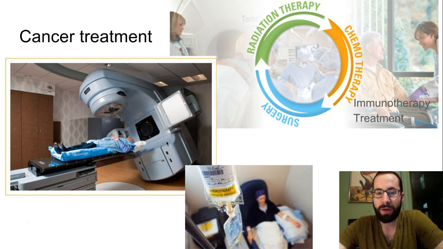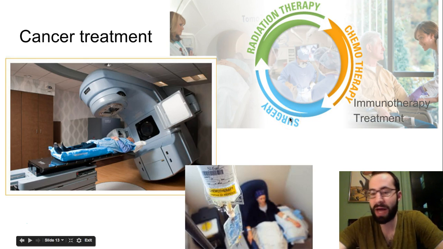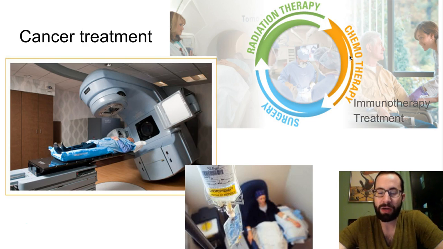Another form of treatment for cancer is sometimes surgery. It's usually one of the first options cancer patients have, to see if they can remove as much of the tumor as possible. That's followed with radiation, and also something called chemotherapy, which is a drug, usually an infusion, that targets cells that rapidly divide.